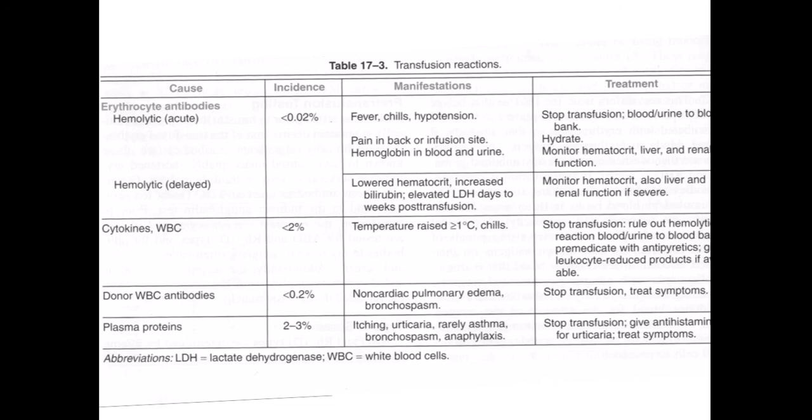And then we stop the transfusion, and we rule out the hemolytic reactions by checking the hematocrit continuously, and checking the urine for any blood, for example, or hemoglobin in the urine.